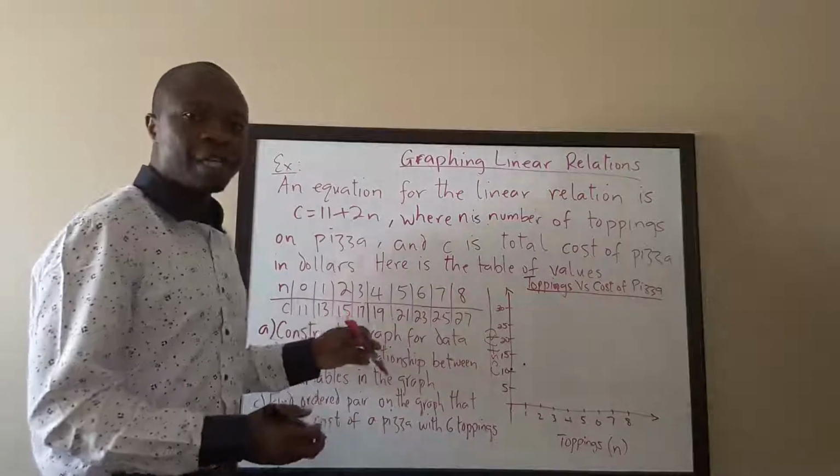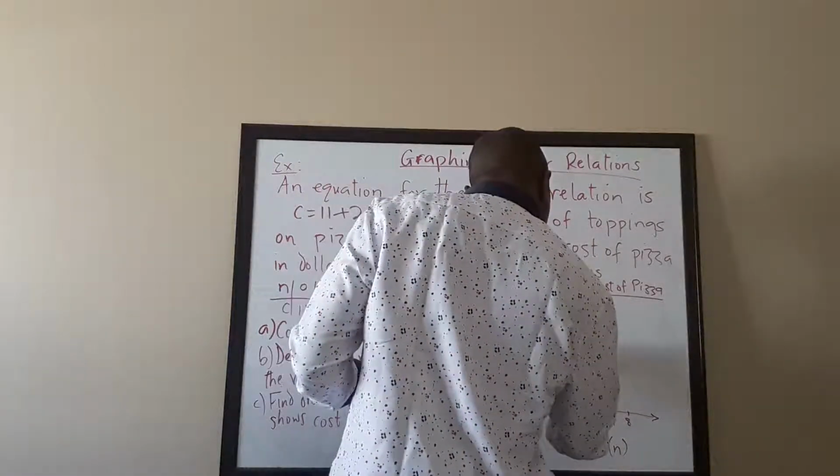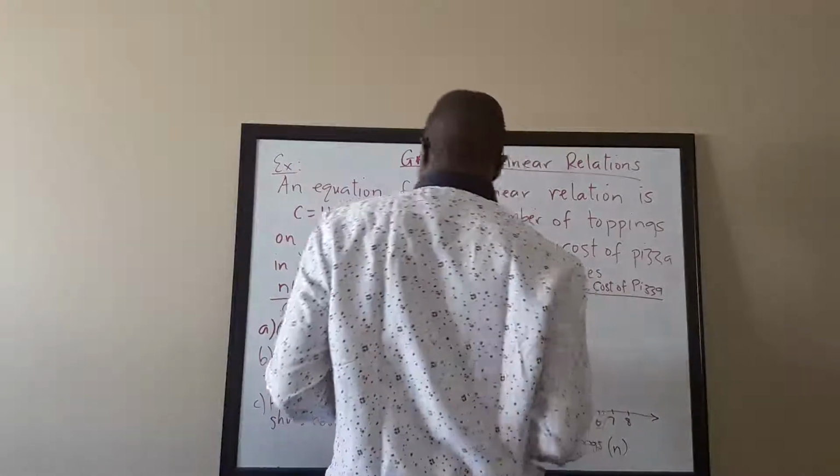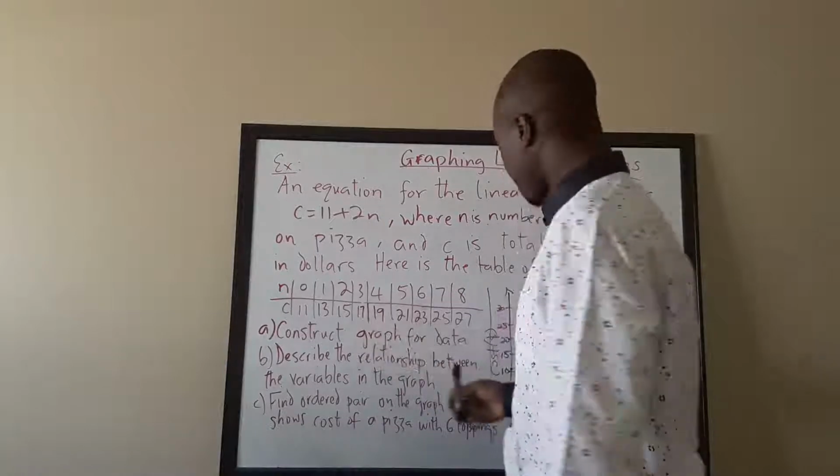I do 2 and 15. I go straight to the right to 2, then go up to 15 right there. The next one is 3 and 17.